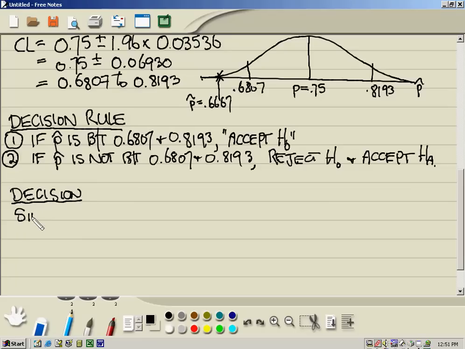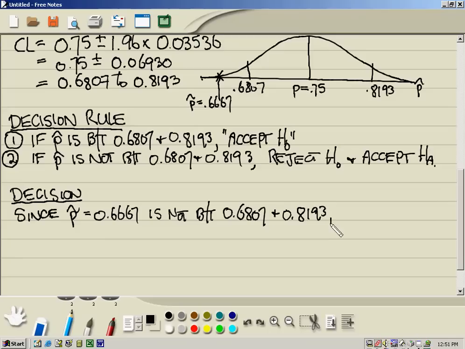Since p-hat, 0.6667, is not between the limits of the acceptance region, 0.6807 and 0.8193, we will reject the null, where its sample value is too far away from the hypothesized value, and in its place we will accept the alternate.